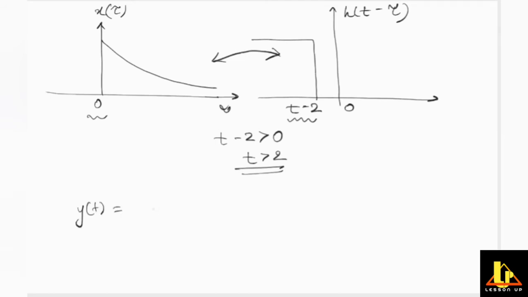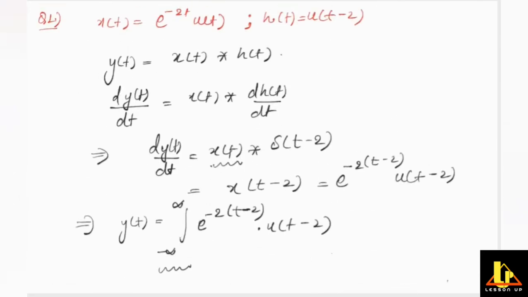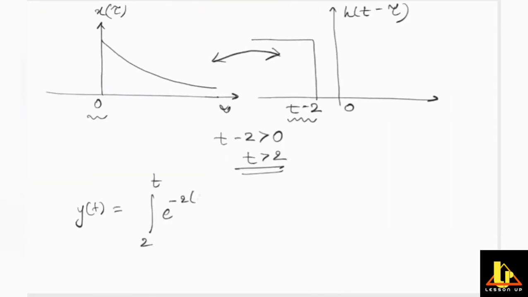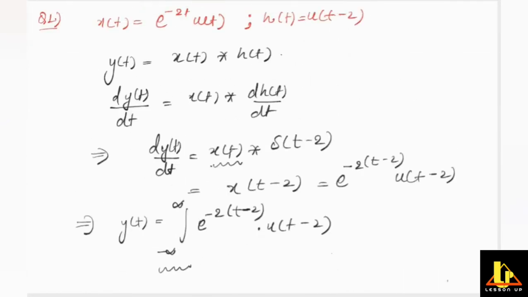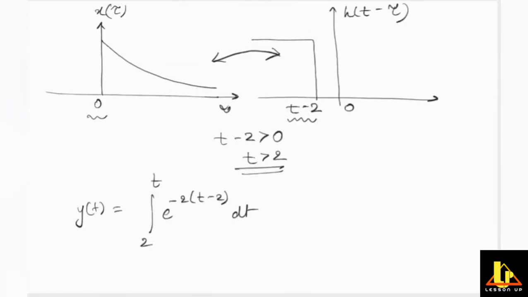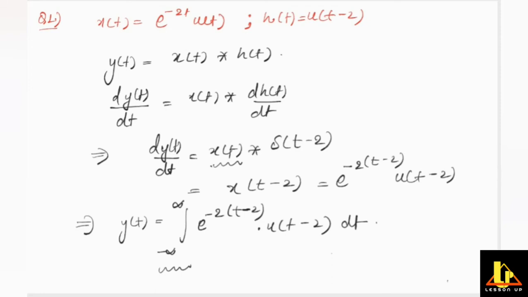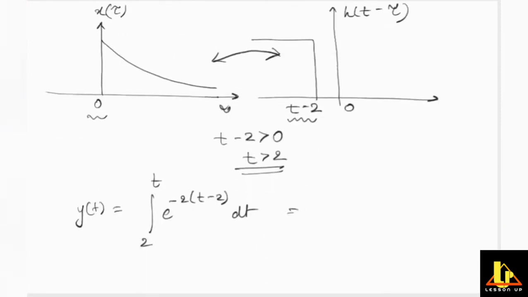Y of t will become the integral from 2 to some value of t of e to the power minus 2 into t minus 2, dt. Okay. So if we integrate this, you will get e to the power minus 2 into t minus 2 divided by minus 2, with the limit from 2 to t.